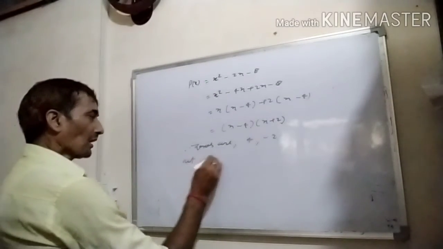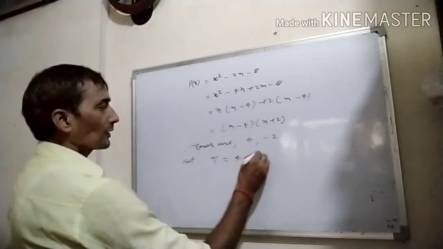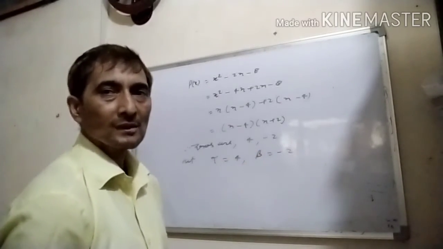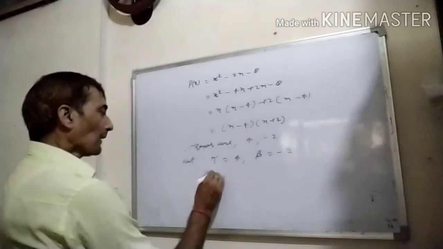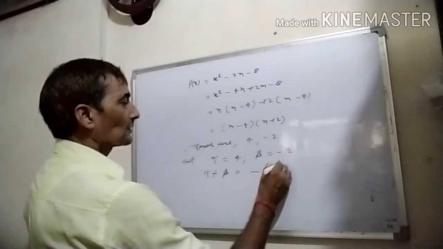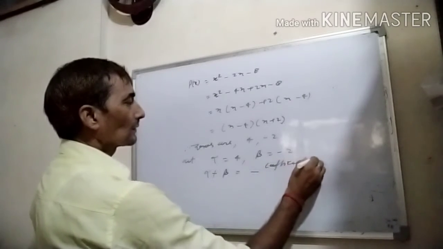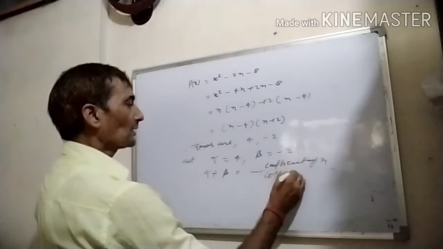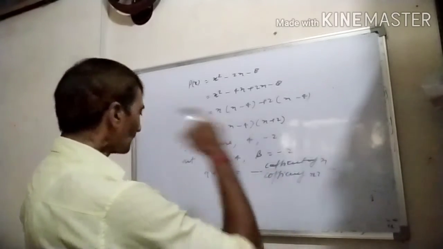Let alpha equal to 4 and beta equal to minus 2. Now alpha plus beta equal to minus coefficient of x upon coefficient of x square.